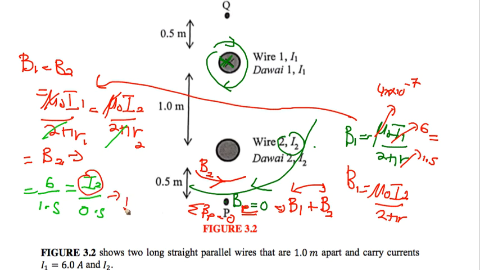So if you calculate, I2 is equal to 2 ampere, and the direction of I2 is to the right. It must be opposite to the direction of the magnetic field produced by I1.